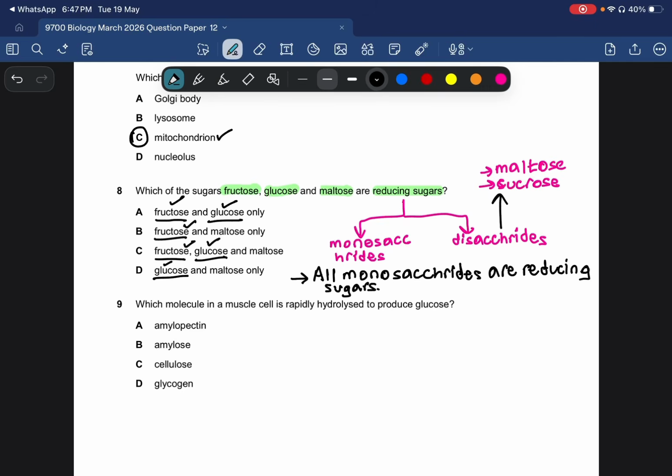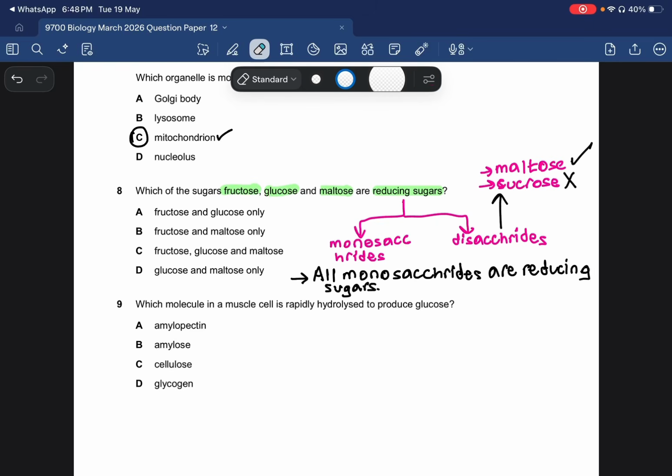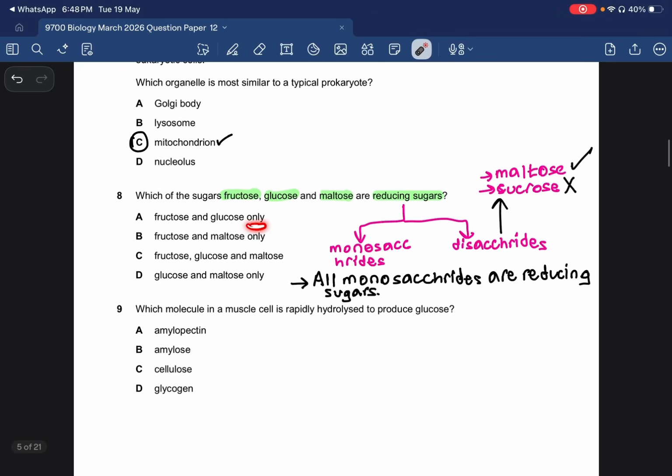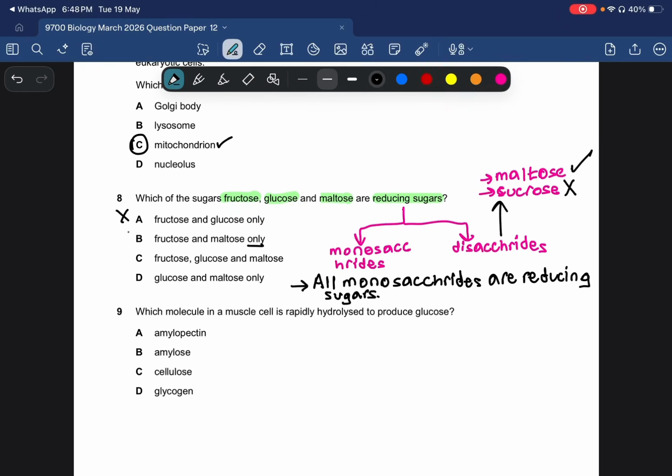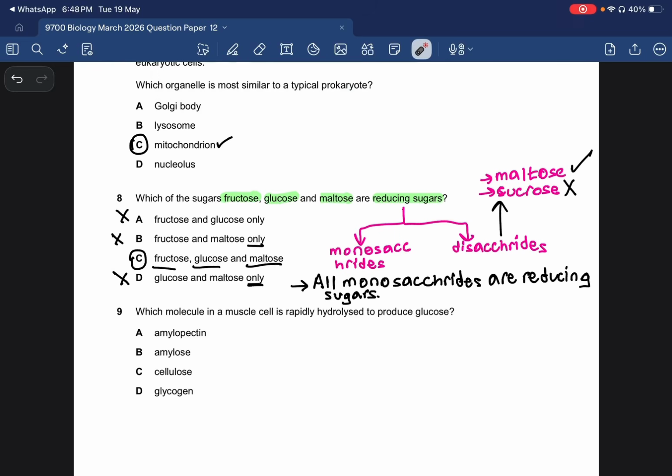This is what you need to remember: maltose is a reducing sugar. Sucrose is not a reducing sugar. Simple as that. So let's see, we have fructose and glucose only. Only is not the case, since maltose we just saw is also a reducing sugar. So this is wrong. Fructose, glucose, and maltose, exactly. And glucose and maltose only is not right, because fructose could also be an example in option D.